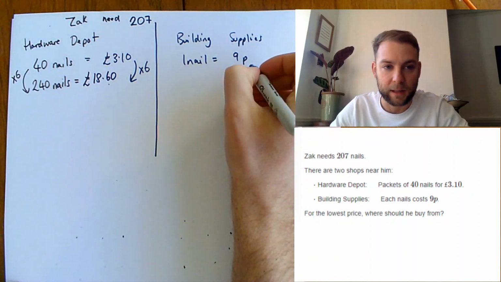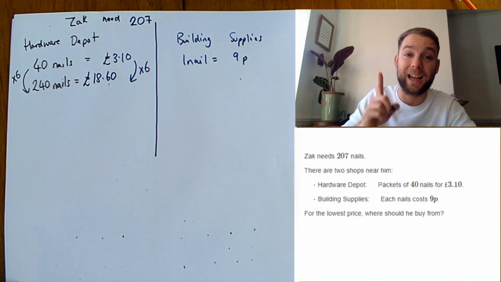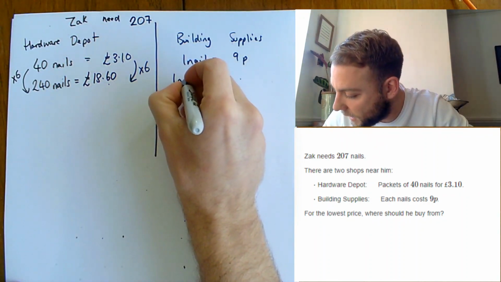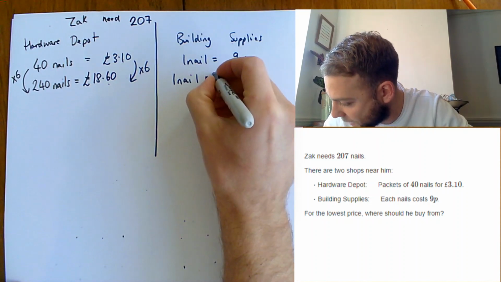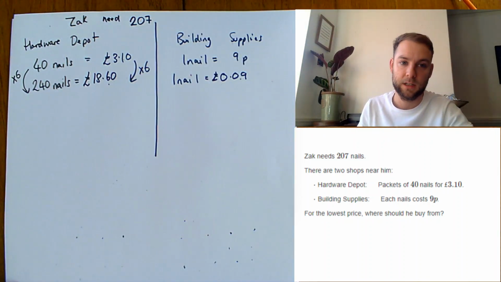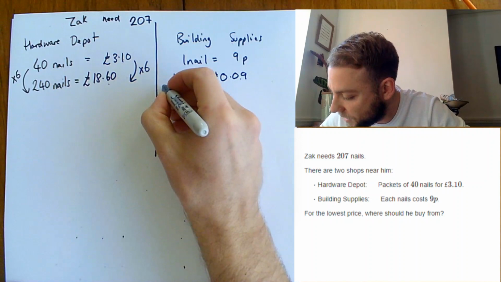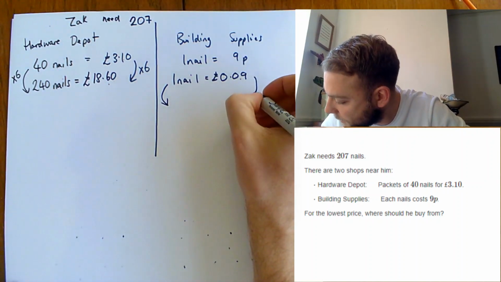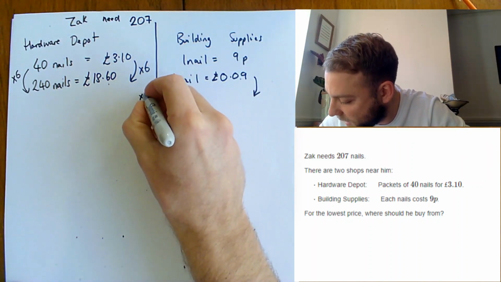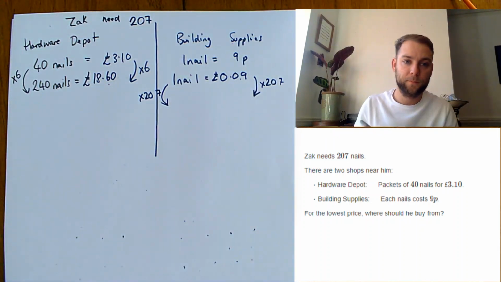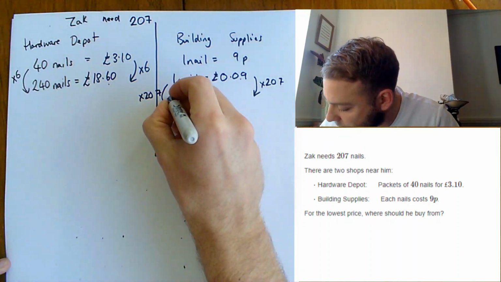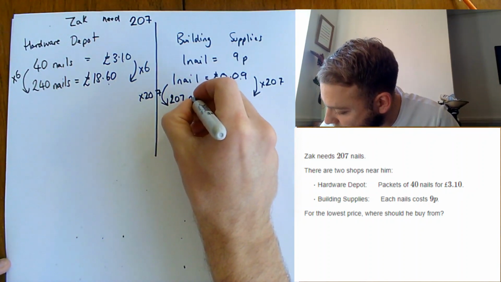Now, this is 1 nail is 9p. The problem with that is that this is 9p. So the first thing I'm going to write here is that 1 nail is equal to 0.09 in pounds, because this is already in pounds. If I want to find out how much this is, I need to times by the amount of nails which I want, which in this case is times by 207. So 1 nail times 207 is 207 nails, which is what I want.